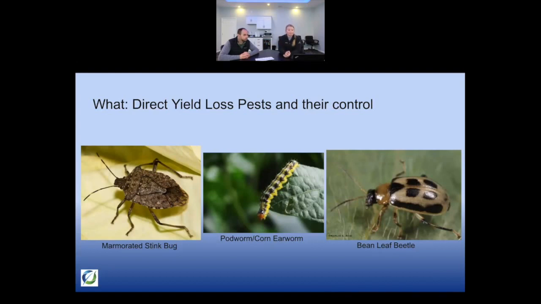The treatment for that is one stink bug per one row foot. That's going to be our threshold we look for on the stink bugs, and a lot of the time it's going to be getting out into that field, taking a look underneath the canopy of the soybeans because they're going to be in that pod area, the stem area of the crop.